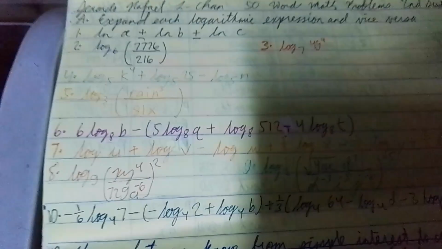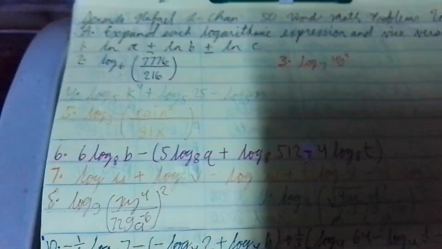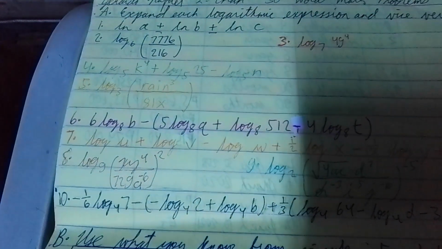Do you think we will still get the same answer? Yes. To double check, it matches. 2 times log base 9 of x checks. Then 8 times log base 9 of y, correct. And then 12 log base 9 of a, correct also.